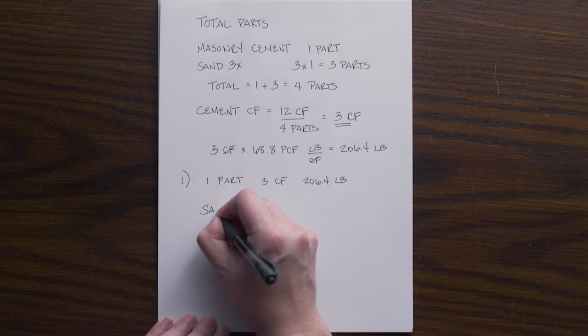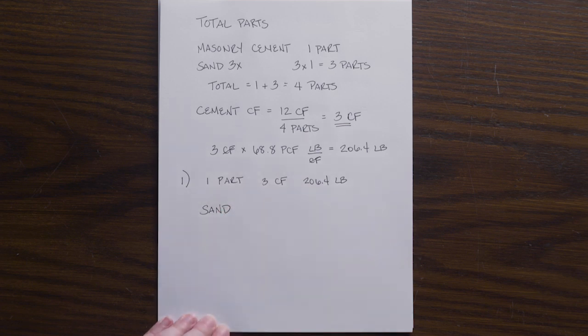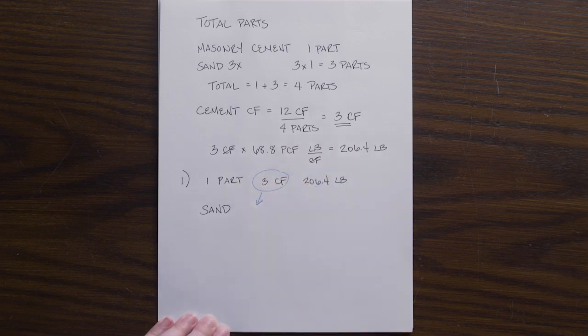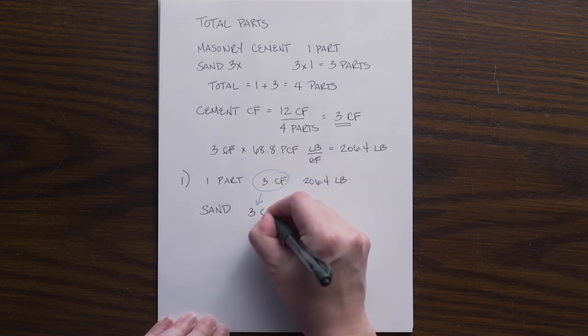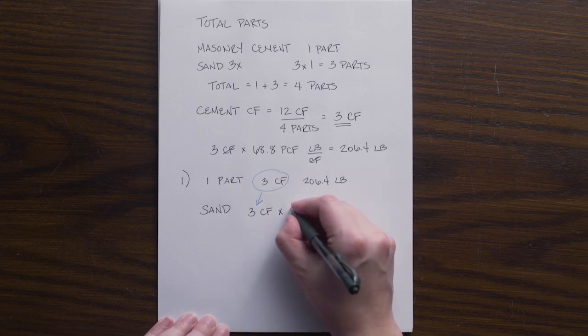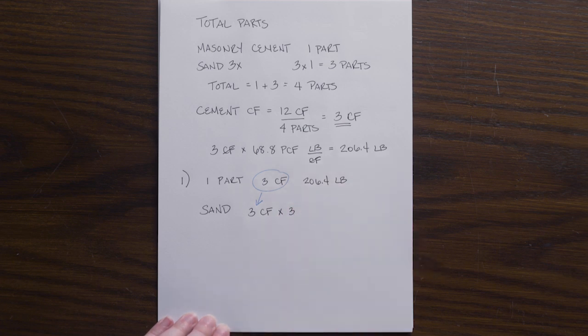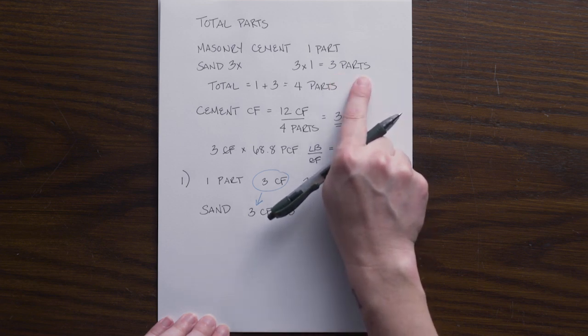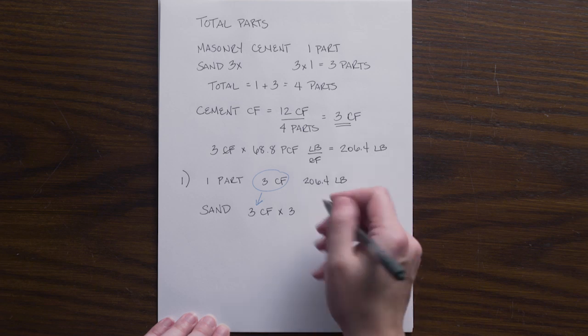So if we're looking at our sand, we want to bring down what we just calculated as our volume for our masonry cement, and we multiply that by our parts that are required for sand. So this we already determined. We had 3 parts of sand, so we multiply by 3.